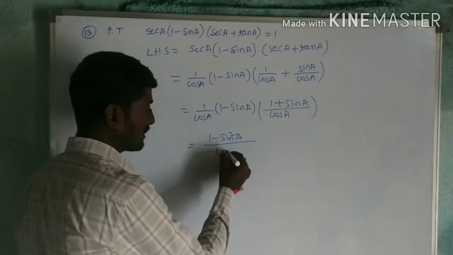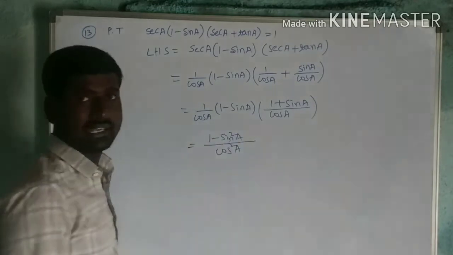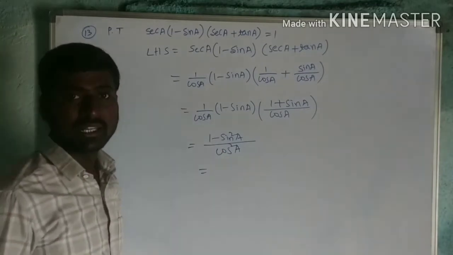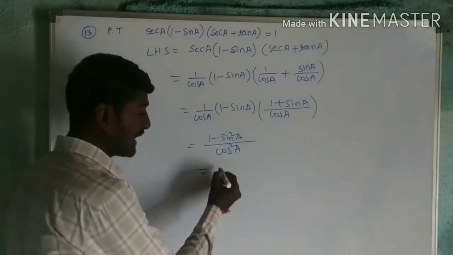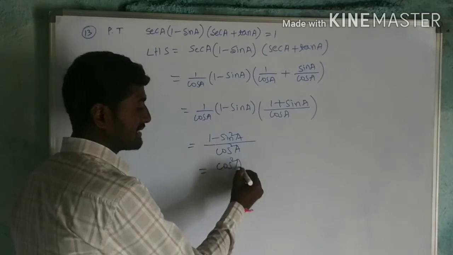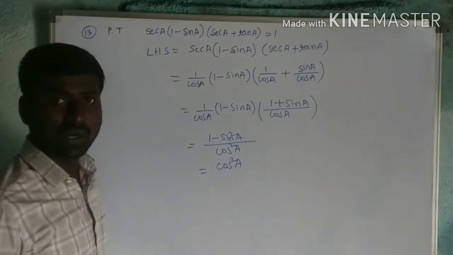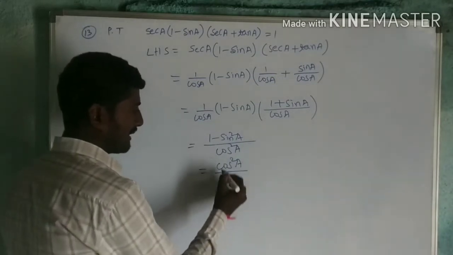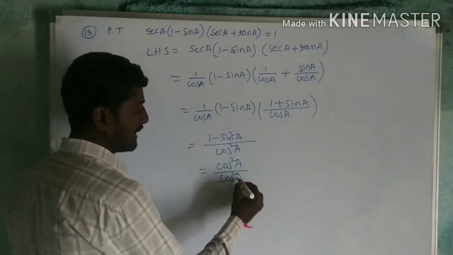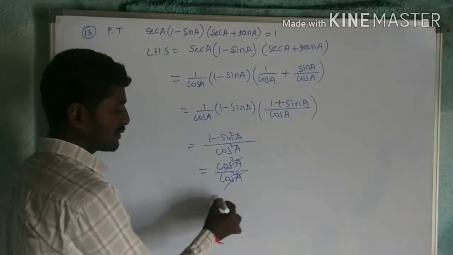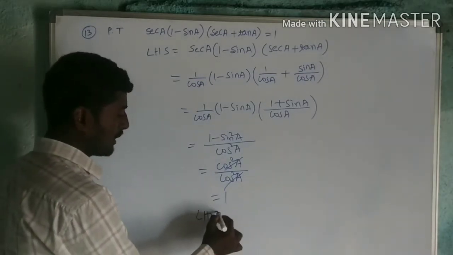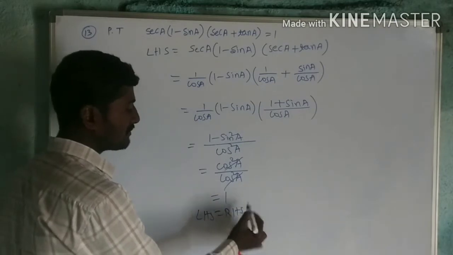Cos A into cos A is nothing but what? Cos square A. Now 1 minus sin square A can be written as cos square A, because of the identity sin square A plus cos square A equal to 1. By using that identity I will write. So divided by, this is also cos square A. Now cos square A get cancelled. So therefore LHS is equal to what? RHS I am getting. Okay.